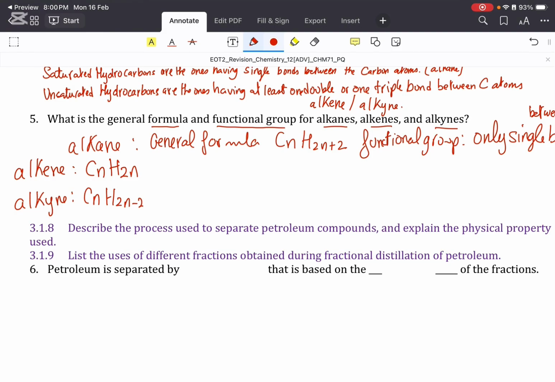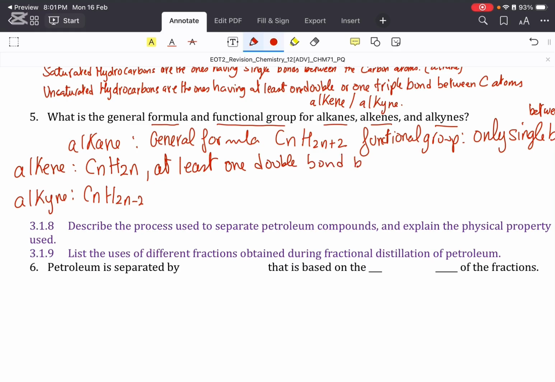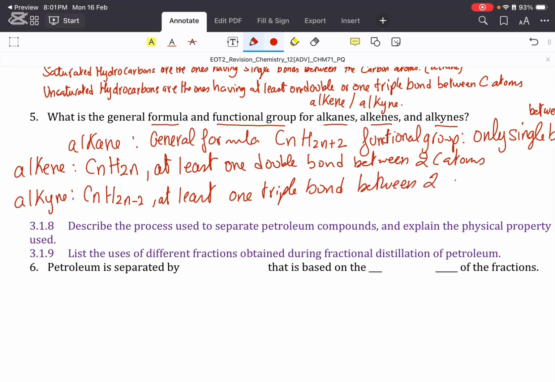Now, for the alkenes as a functional group, I can see at least one double bond between two carbon atoms. And here I can see at least one triple bond between two carbon atoms. So remember this.